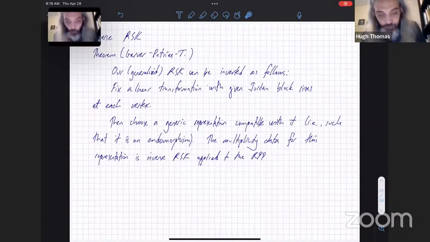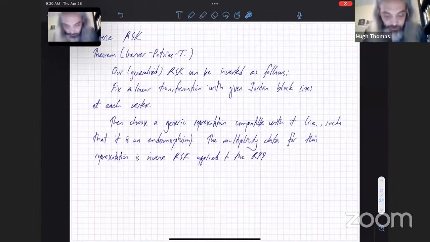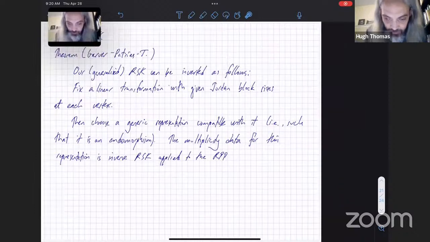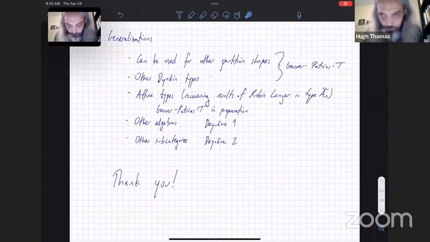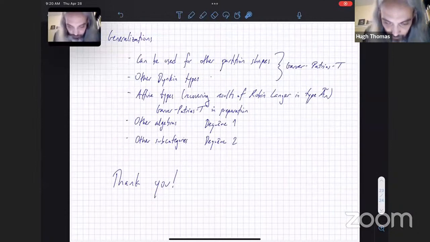There's also a way to think algebraically about how to invert the map. I think since I'm pretty much out of time, I won't discuss that. You can, of course, ask if you want to hear about it. And let me just mention a little bit about generalizing this.